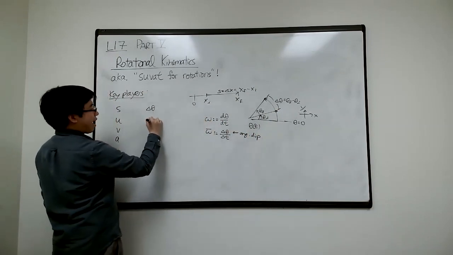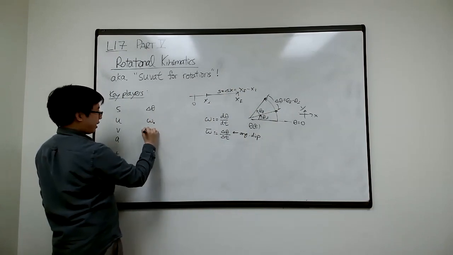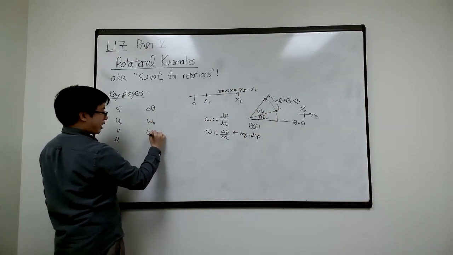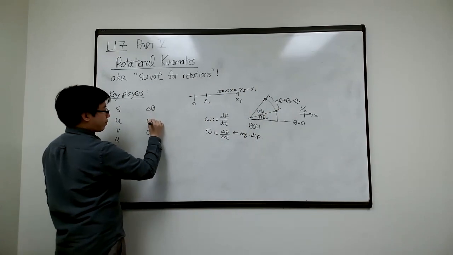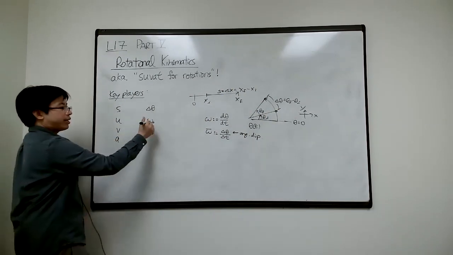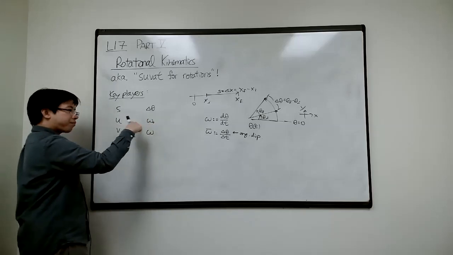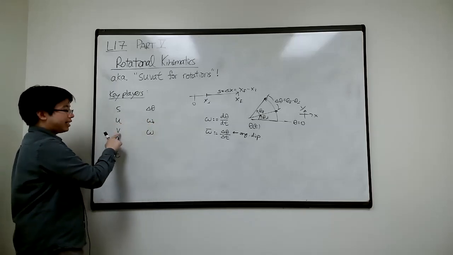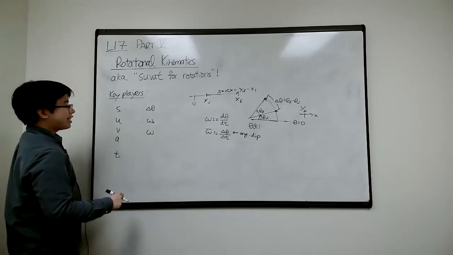We have omega naught, usually that's the symbol, and omega, or omega final. So initial and final like that.